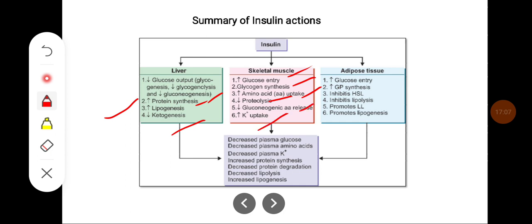Whereas in adipose tissue, it increases glucose entry, it increases glycerophosphate synthesis, it increases the hormone sensitive lipase, inhibits lipolysis, promotes lipogenesis. So overall, it is going to decrease plasma glucose levels, decrease plasma amino acids, decrease plasma potassium, increase protein synthesis, decrease protein degradation, decrease lipolysis, increase lipogenesis.